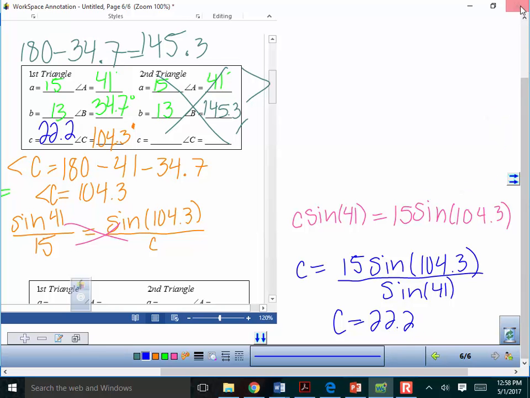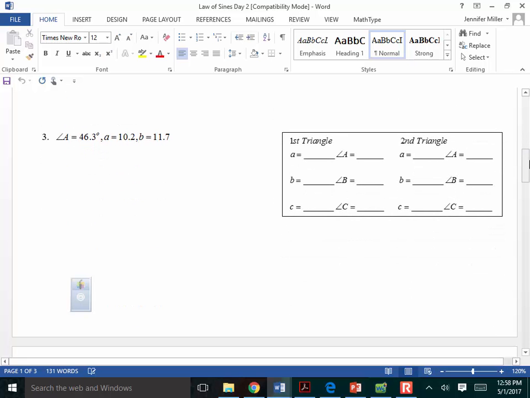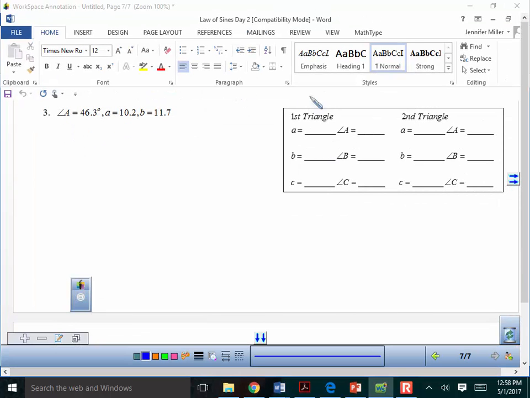All right, let's go to the next triangle. So again, we're going to just start off with the information we're given. That's angle A is 46.3 degrees.